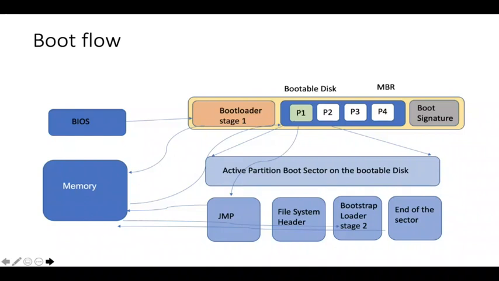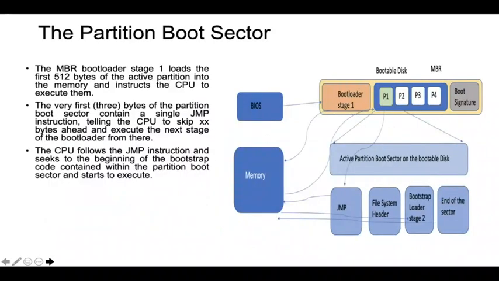In the next slide, the MBR bootloader stage 1 loads the first 512 bytes of the active partition into the memory and instructs the CPU to execute them. You remember, first the BIOS reads the 512 bytes of MBR, then from MBR it reads the first active partition pointed to by the partition table.